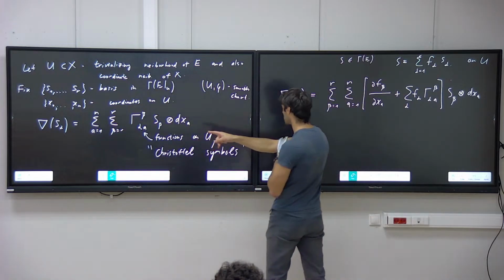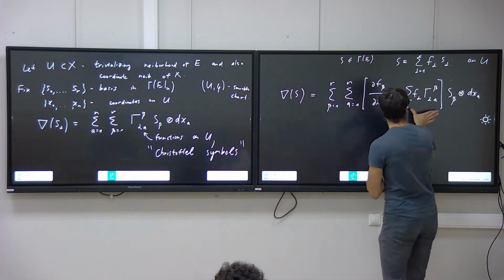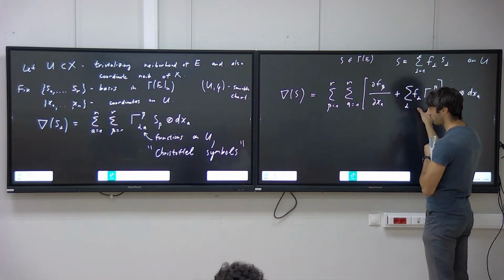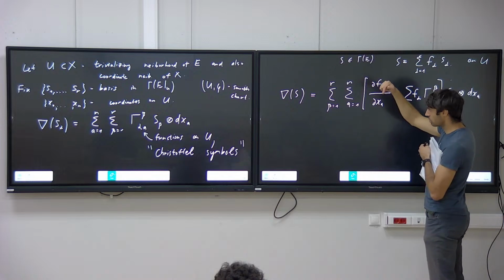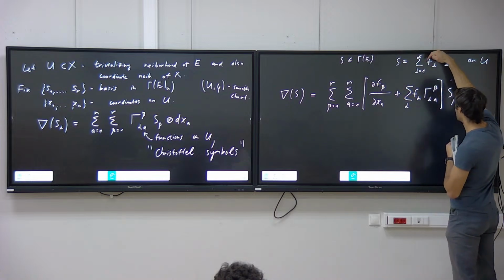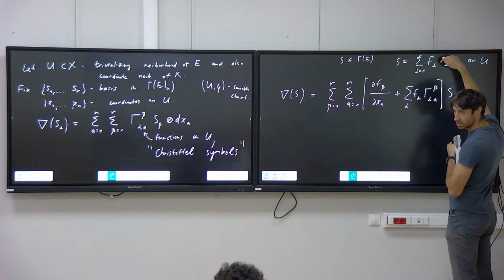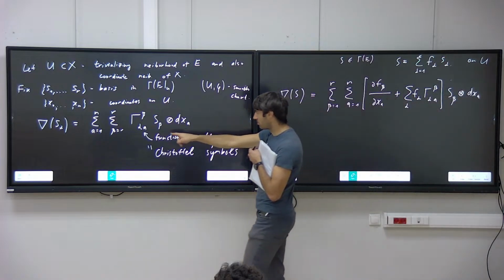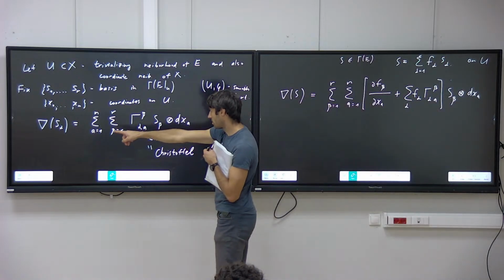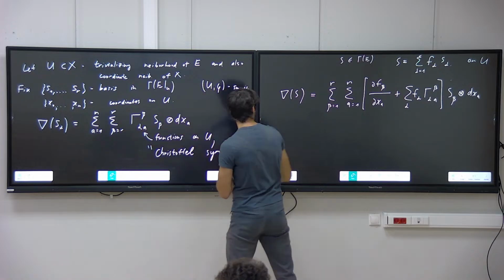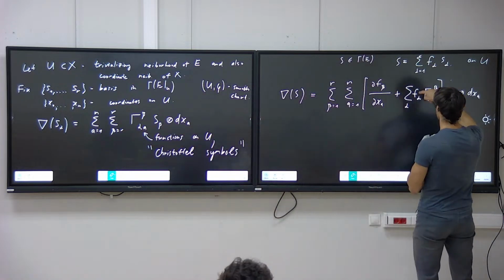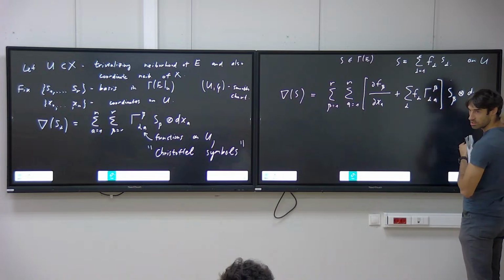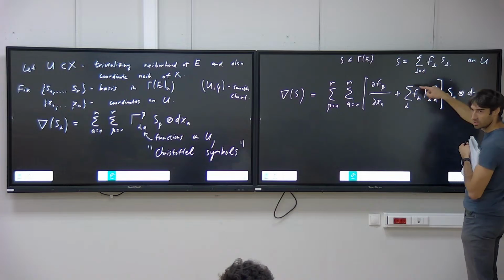In the Leibniz rule I'm applying nabla to S alpha, I will get this bit, and it goes through f alphas. So this is one term of the Leibniz rule.